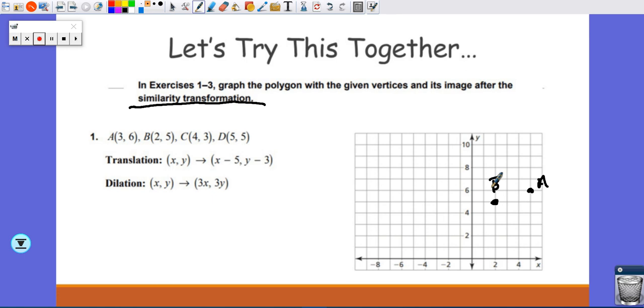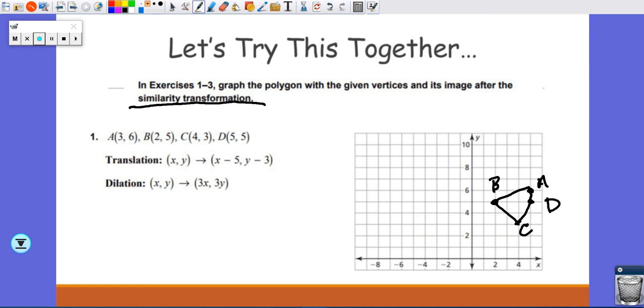That's my B. And then 4 and 3. That's my C. And then D would be 5 and 5. So if I connect the dots, I get a figure that looks like this.